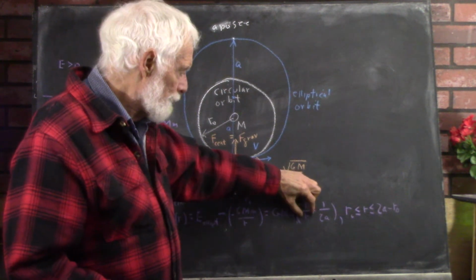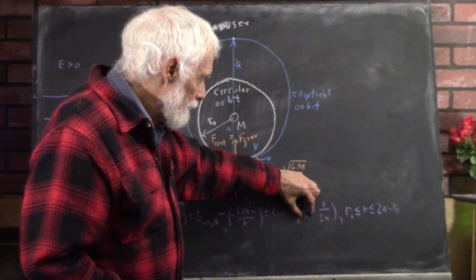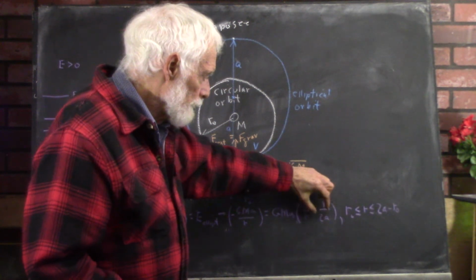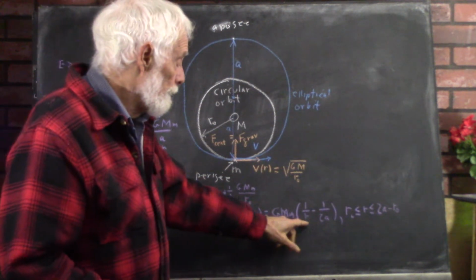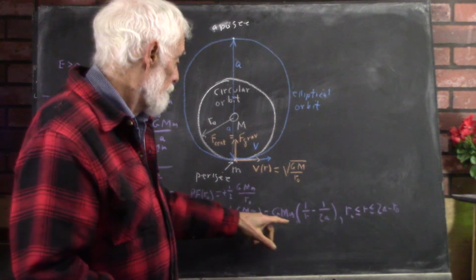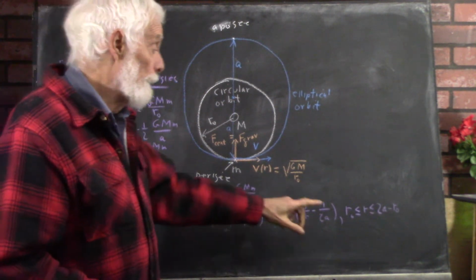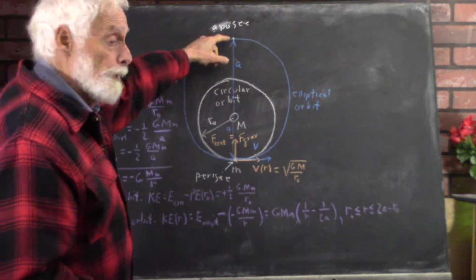Okay, if r is 2a minus r0, then it's clearly less than 2a. 2a minus r0 is less than 2a. So this is still bigger than this, meaning that you're not going to have a zero kinetic energy. You're going to have a positive kinetic energy at both points, greater here than here.